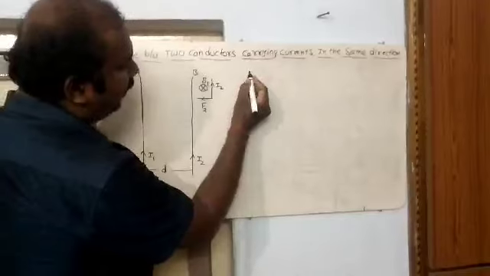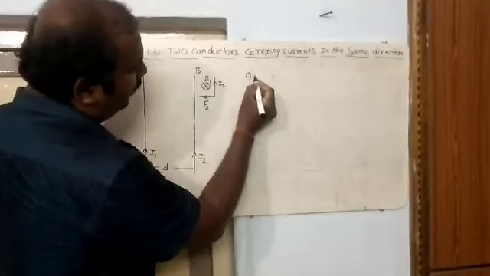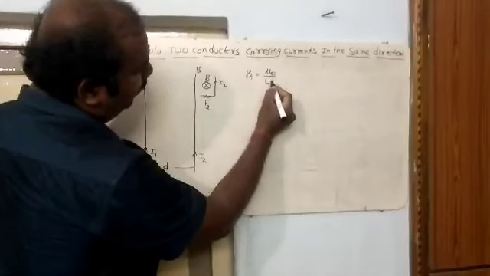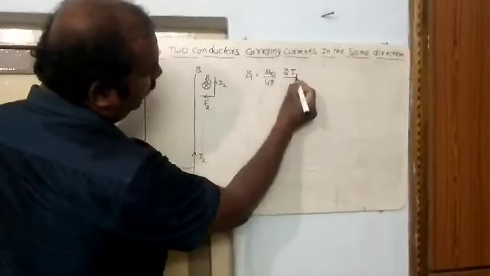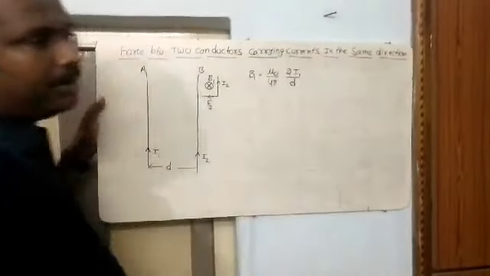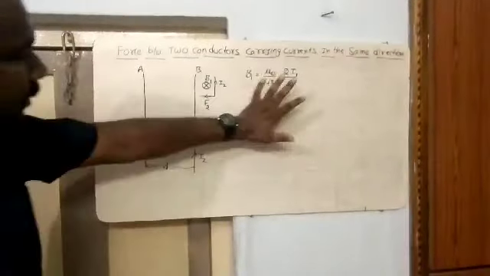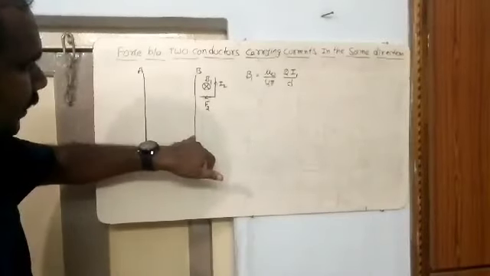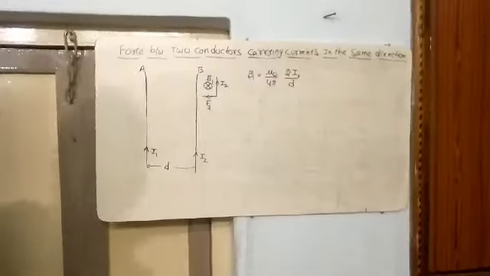Now this magnetic field equation I can write like this: B1 is equal to mu naught by 4 pi into 2 I1 by D. Because of this magnetic field, this conductor experiences a force from Fleming's left hand rule.